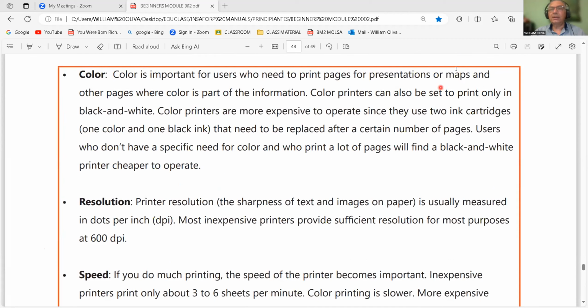It says right here: black and white users who don't have a specific need for color and who print a lot of pages will find a black and white printer cheaper to operate. Yeah, but it doesn't say why.